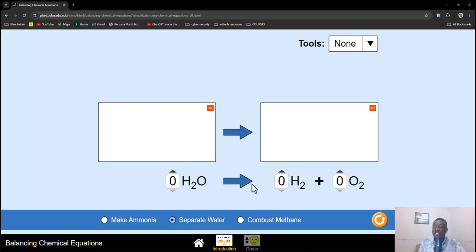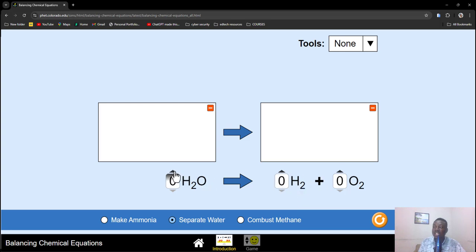We want to make sure that even if we increase, you can only increase though, the ratio is still the same. What ratio are we talking about here? 2 to 1. The hydrogen atoms to oxygen is 2 to 1. So in here, we want to make sure that we maintain that ratio when we are balancing the equation.